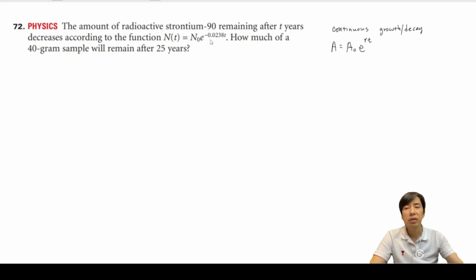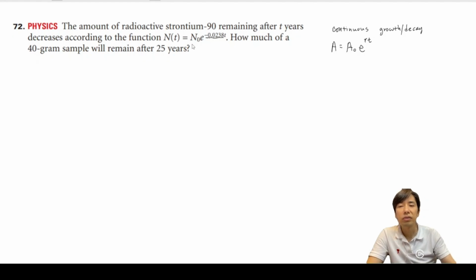So it says negative 0.0238 t as an exponent. So that means it's a negative growth. So it's a decay, okay? So it says decreases, okay? The radioactive strontium-90 decreases according to this function.